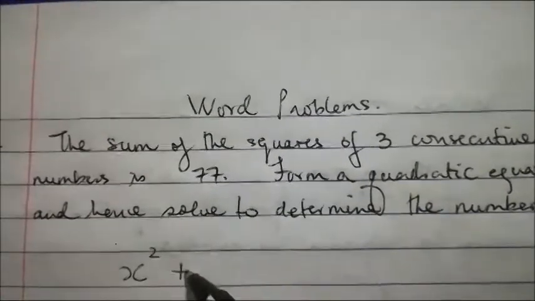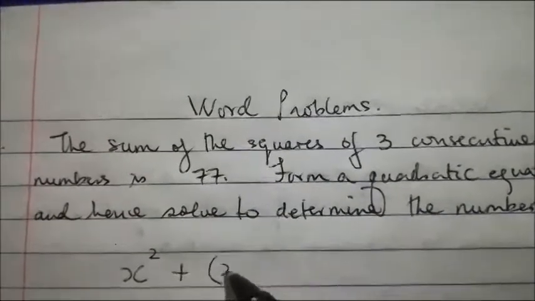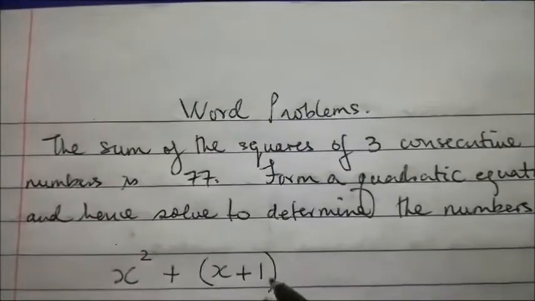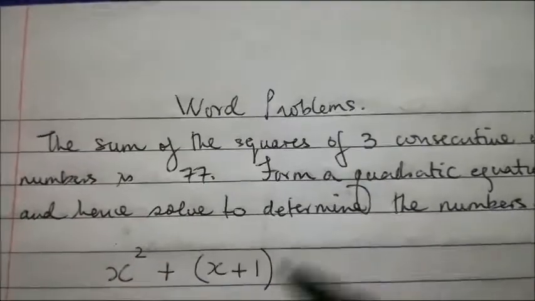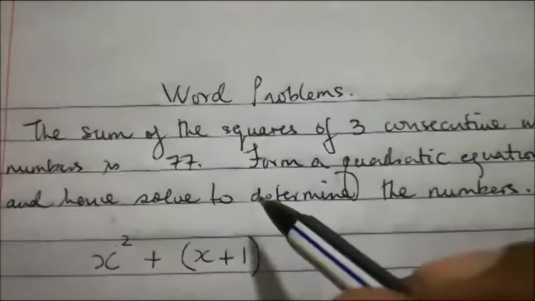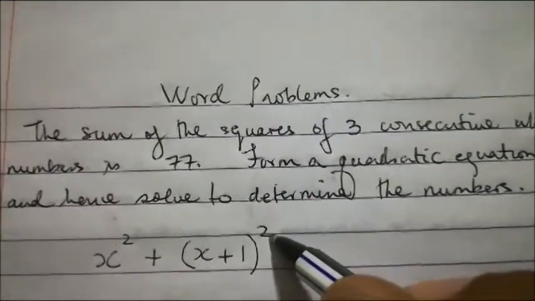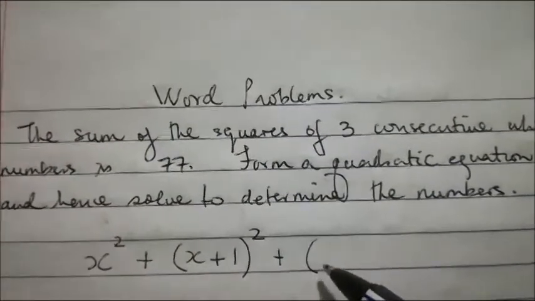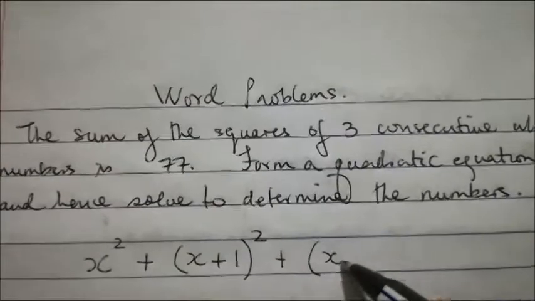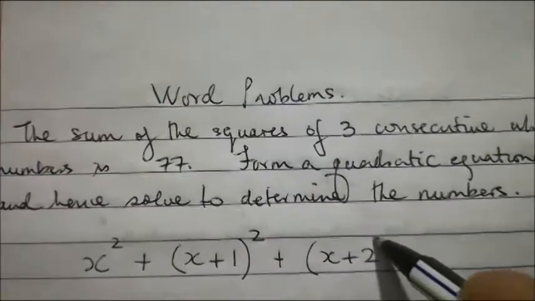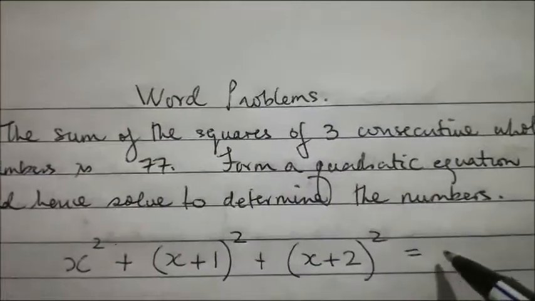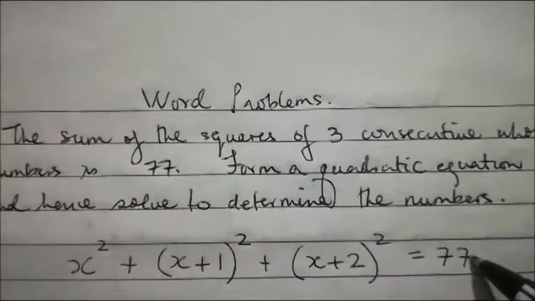Then the other one, of course, logically would be x plus 1, because we keep adding 1 in the series to determine the next consecutive whole number. We're going to square this as well. And therefore, the other number in the series would be x plus 2 squared. And all of that is supposed to amount to 77.